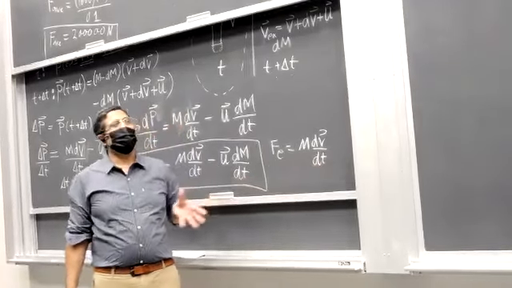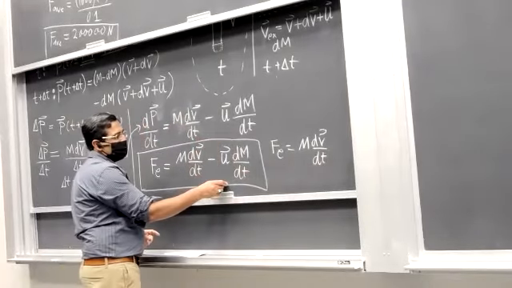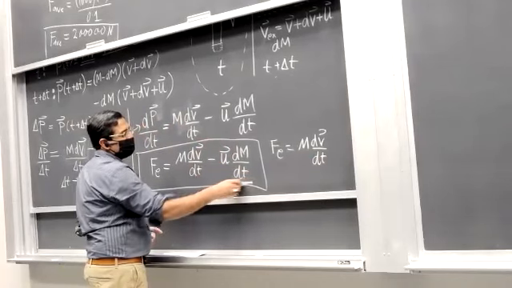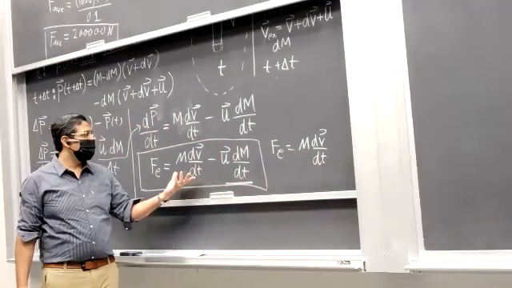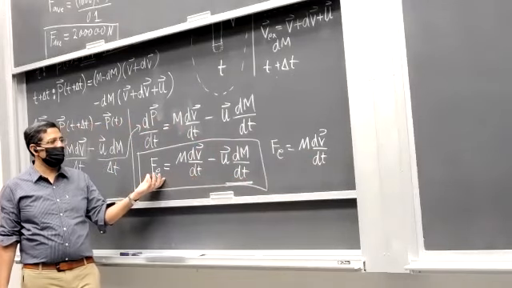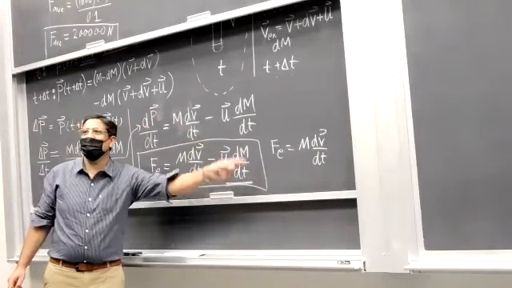If you were doing something externally, by exhausting, the rocket accelerates faster than it takes smaller force, because now you have m dv over dt minus this term.